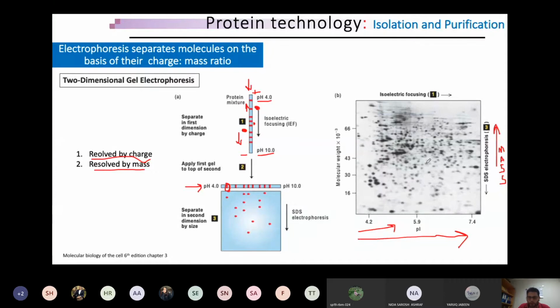So every dot is different. If you want to know about this protein, where my cursor is, I have just encircled this protein. You want to know what its characteristics are. You go for diagonal, you go for horizontal, and you have particular information given there, so you can tell that this protein has a molecular weight maybe from 35 kilodalton to maybe 43 kilodalton.